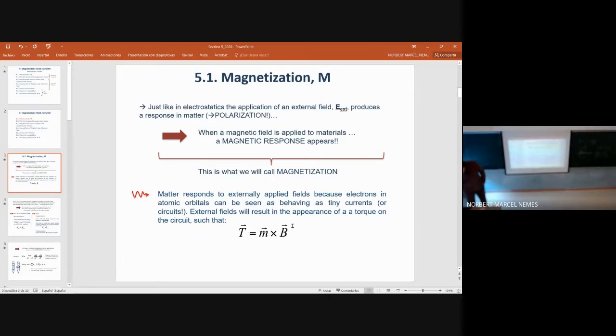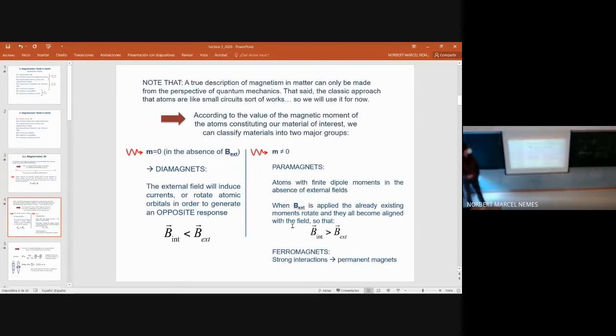Nevertheless, it's very important. If you really want to begin to understand how magnetism works on a microscopic scale, you need to use quantum physics, quantum mechanics.